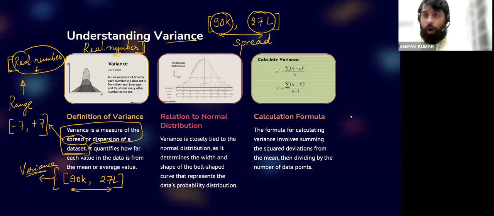So if I plot this variance on any axis, and say here you have 90K, so very far you will have 27 lakhs. Around 90K, so many people would be there. Do you believe? So many people would be there.